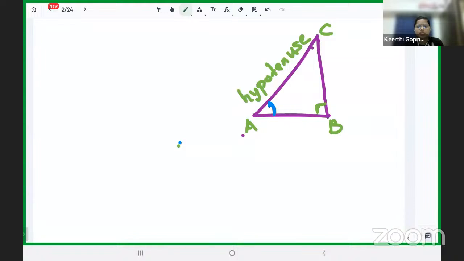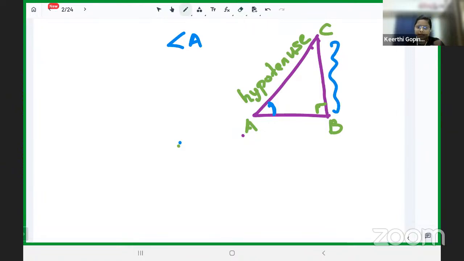So we can briefly say it as angle A itself. So I am calling it angle A. If you want to give a specific name for that angle, you can call it theta also. So here I'm just calling it angle A. Okay, so consider angle A. What can you say about the side BC with respect to angle A?